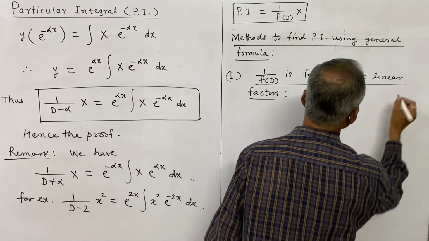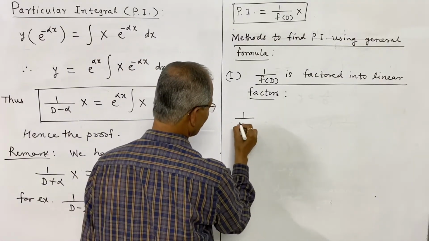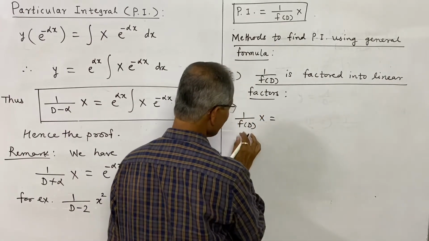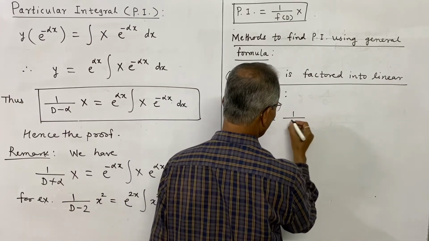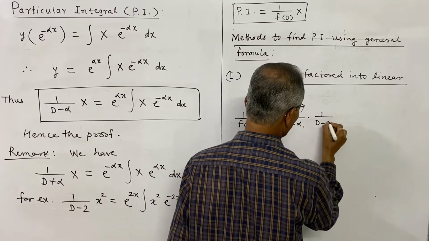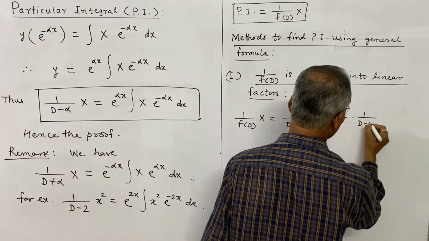In this case, 1 upon f of D operated on X will be equal to, suppose the linear factors of 1 upon f of D are 1 over D minus alpha 1, 1 over D minus alpha 2, and there are n factors, we can say D minus alpha n.